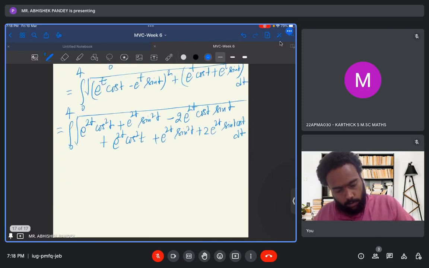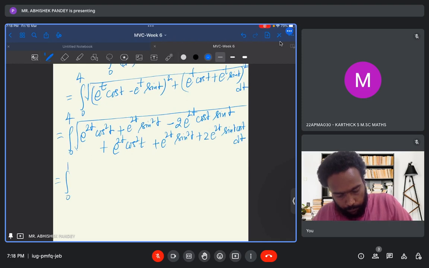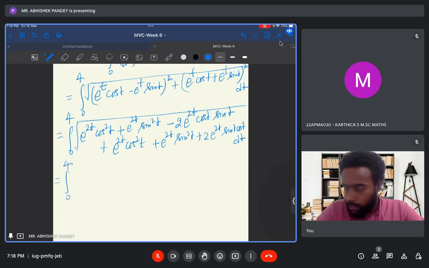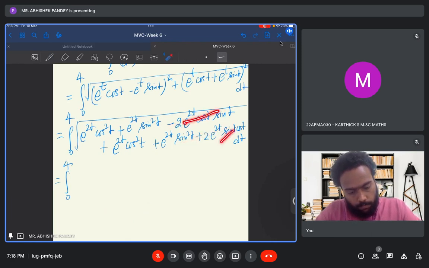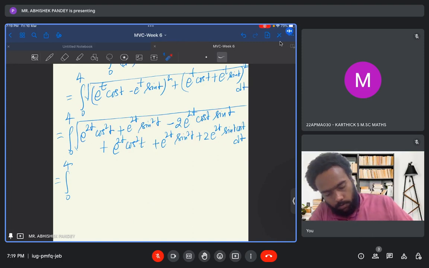Okay, so this term and this term will get cancelled out. Sin square t plus cos square t is 1, so you will get 2 e to the power 2t dt.